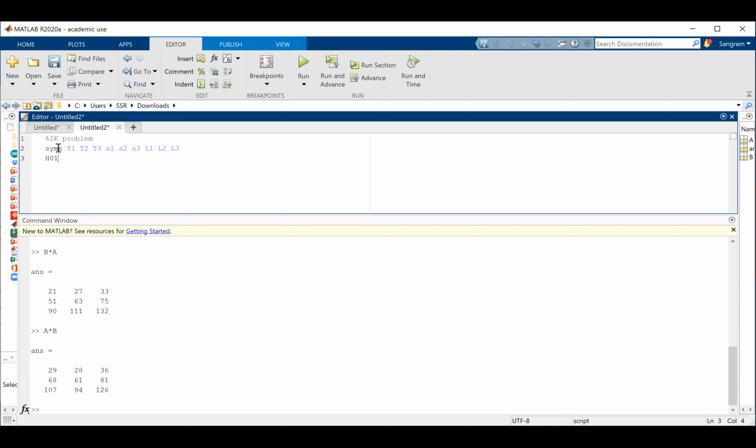H01 will be my first homogeneous transformation matrix: cosine T1, minus sine T1, 0, L1 cosine T1.